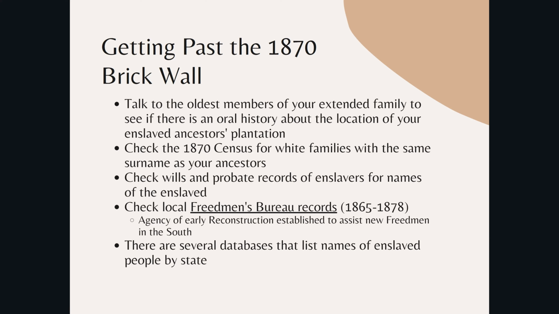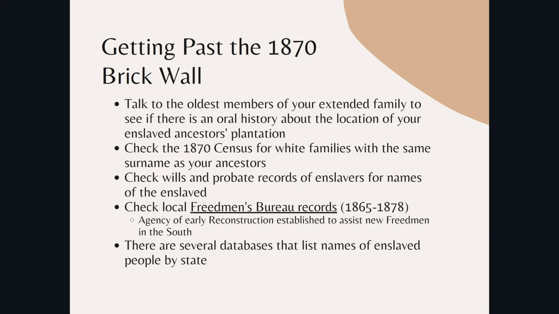You can also check wills and probate records of enslavers for names of the enslaved. Now, prior to emancipation, enslaved people were considered property in the United States. And so often they're listed in the wills and probate records of enslavers by name sometimes. So that's a good way to find names occasionally.